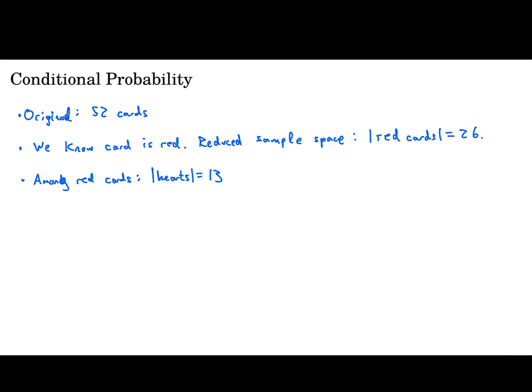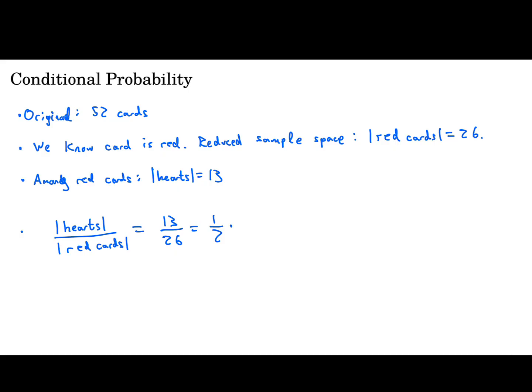And so the new probability that we want, the probability for our question, is just going to be the number of hearts divided by the number of red cards. So we have 13 hearts and there are 26 red cards. So this will be half, so 50%, which of course makes sense, but we're just doing this to illustrate what we want to say.